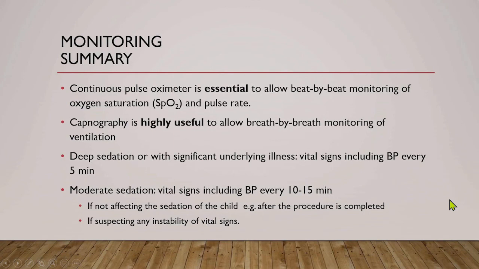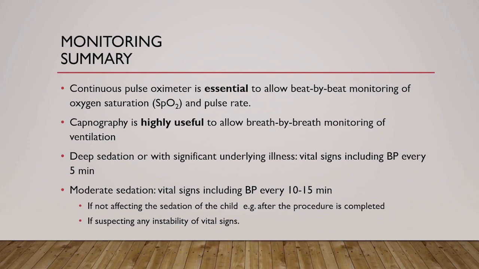So to summarize, a continuous pulse oximeter is essential to allow beat-to-beat monitoring of the oxygen saturation and the pulse rate. And capnography is highly useful to allow breath-by-breath monitoring of the ventilation. If it is a deep sedation or the patient has a significant underlying illness, the vital signs, including the blood pressure, should be monitored every 5 minutes.